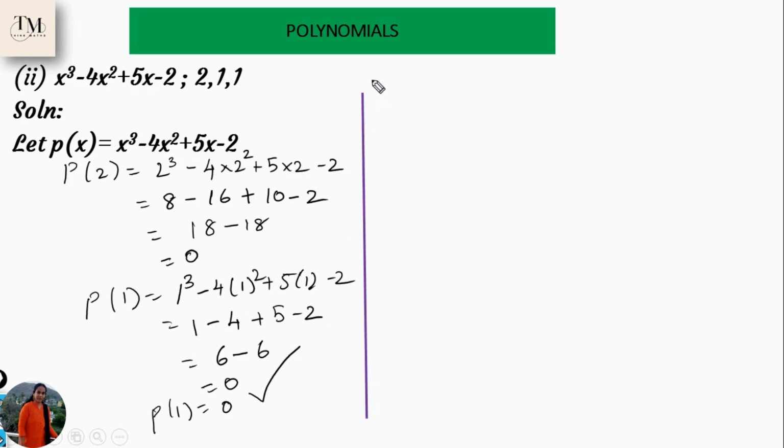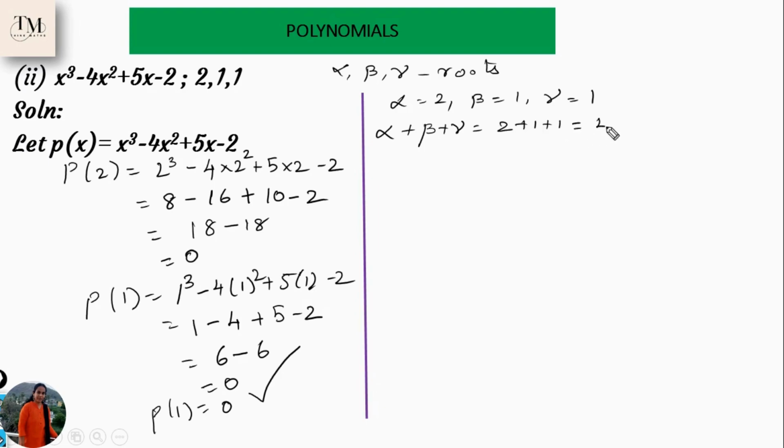Next we have to prove the relationship between the zeros and coefficients. For that I am going to take alpha, beta, gamma as roots of this polynomial. So alpha is equal to 2, beta is equal to 1 and gamma is equal to 1. The first is sum of the roots, alpha plus beta plus gamma, which is equal to 2 plus 1 plus 1, which is equal to 4.